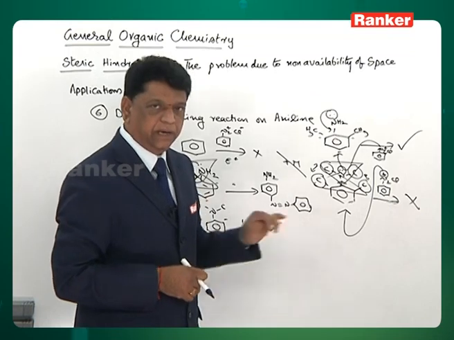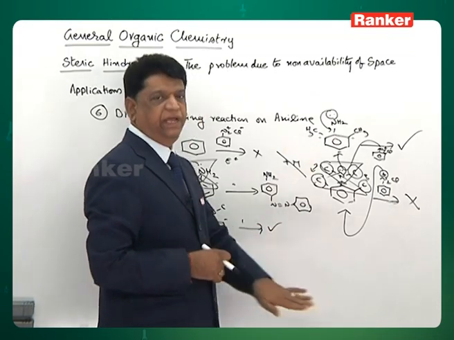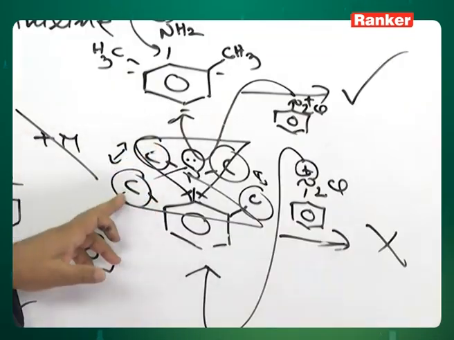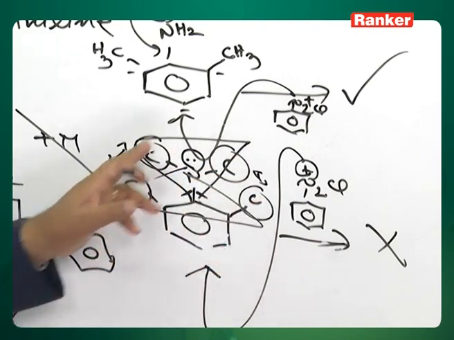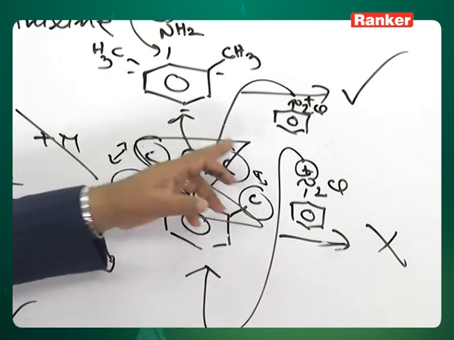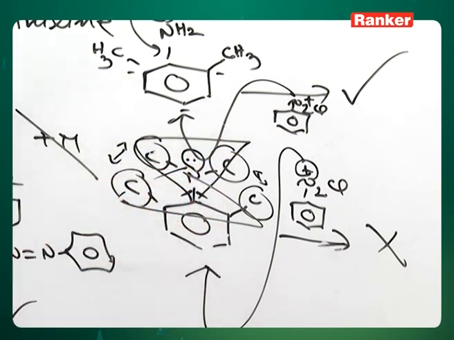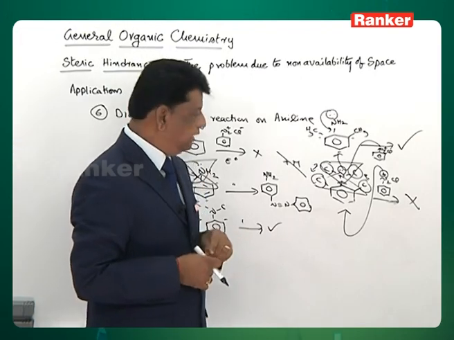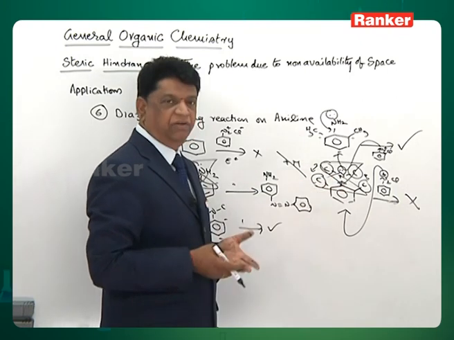Absolutely right. But how it influences: the steric hindrance between these methyl groups rotates the plane of the nitrogen and the benzene perpendicular to each other, so that there is no pi bond formation.